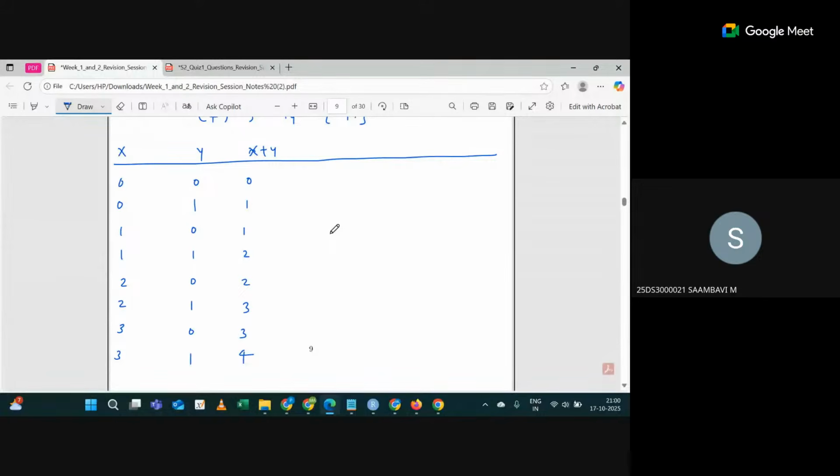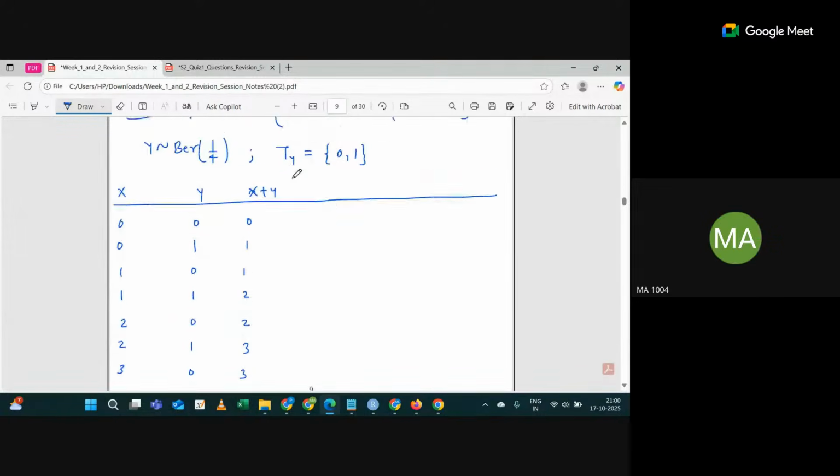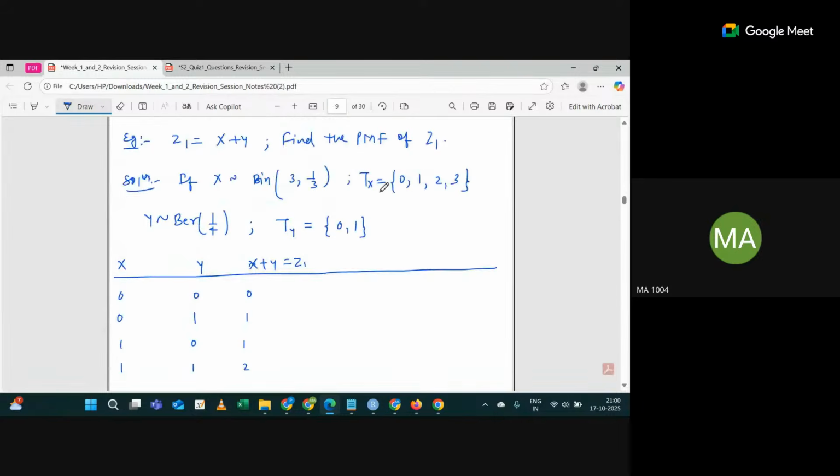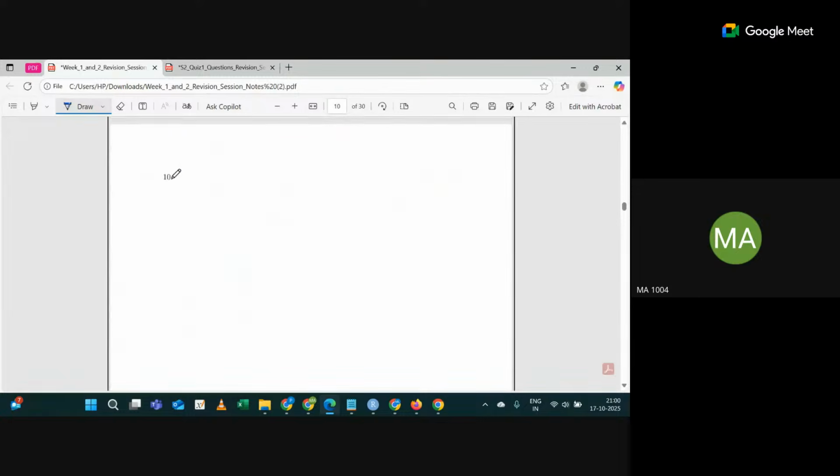One more thing, actually before this, you need the PMF for X. Suppose X is 0, 1, 2, 3. You have to calculate the probability at X equal to 0.